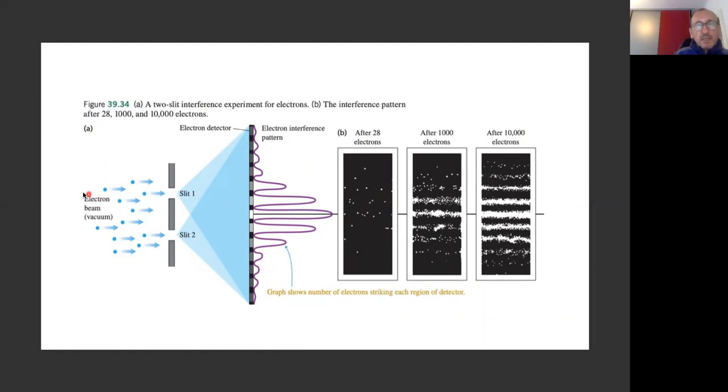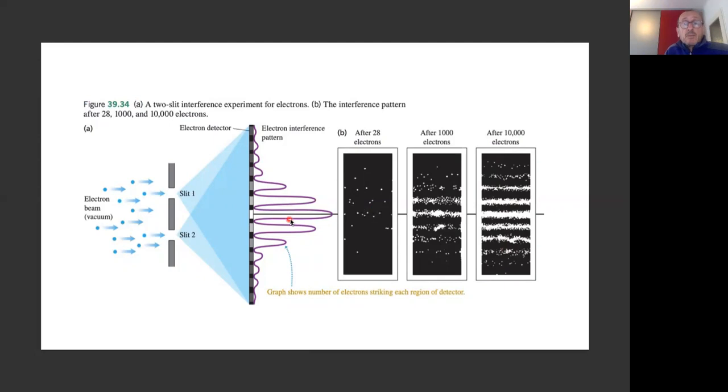And if I send them with a very low flux, we get a pattern that looks like this, and if we collect more electrons, it looks like this, and then with more electrons, it looks like this. And at the end, this looks pretty much the same as the interference spectra that you would get out of waves, calculated by waves.